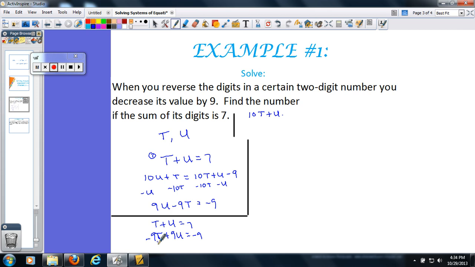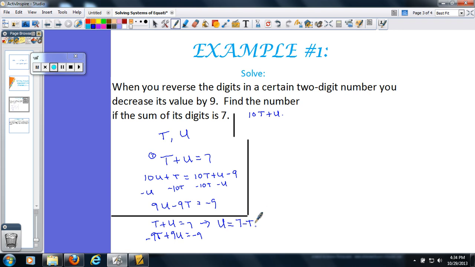Now, just like we did yesterday when we worked on eliminating a variable, I need to either solve for one of these variables and plug it in, or I can use the elimination method. I'm going to solve for u. I'm going to subtract t from both sides, which gives me u equals 7 minus t.